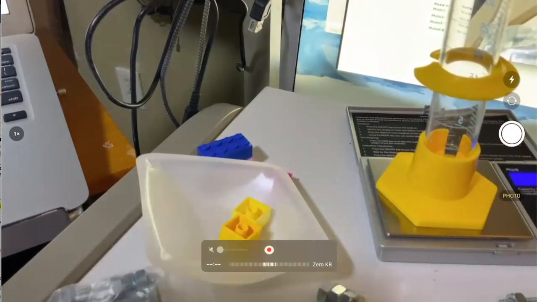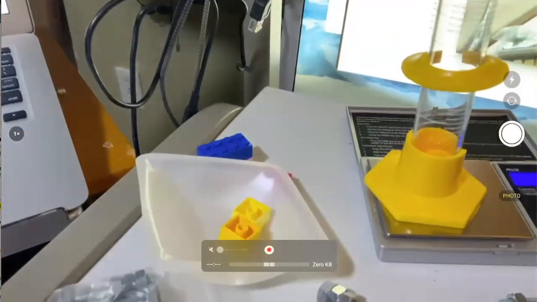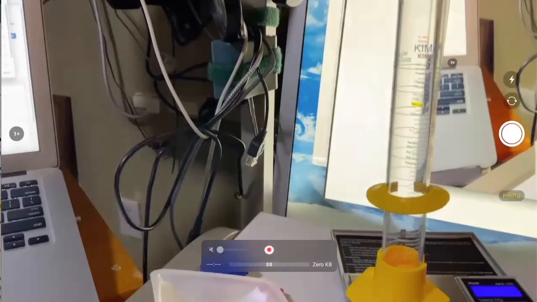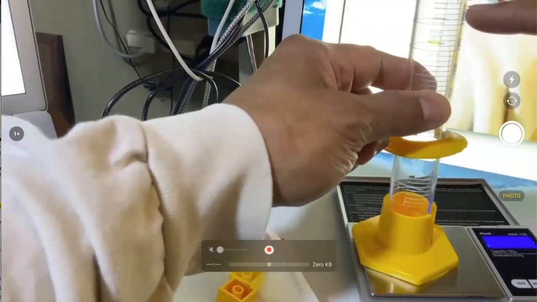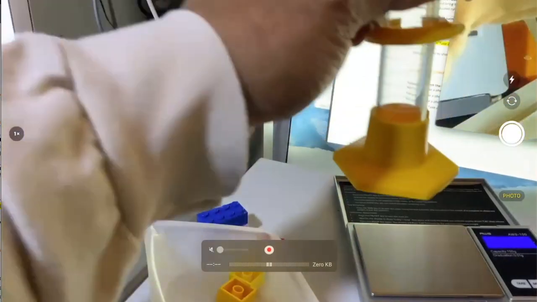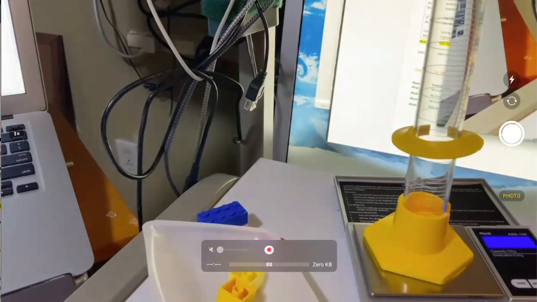What you want to do next is fill your graduated cylinder with water, 50 milliliters of water, and then put it back, and then weigh it. You need the mass of the 50 mils of water, and the 50 mils of water should weigh approximately 50 grams, plus or minus.